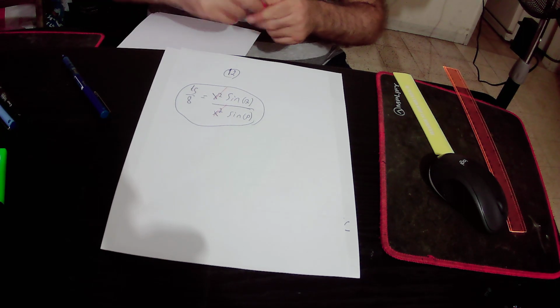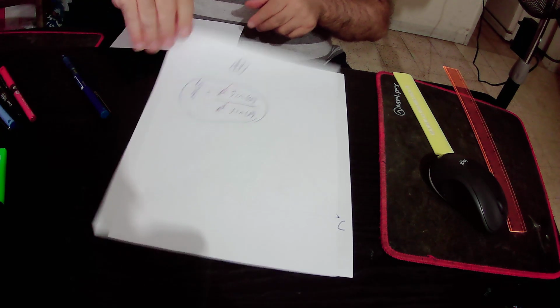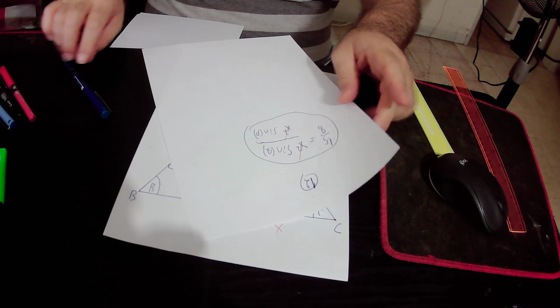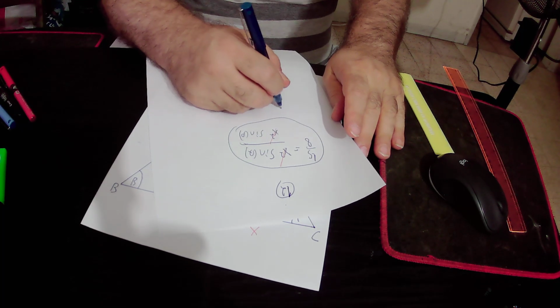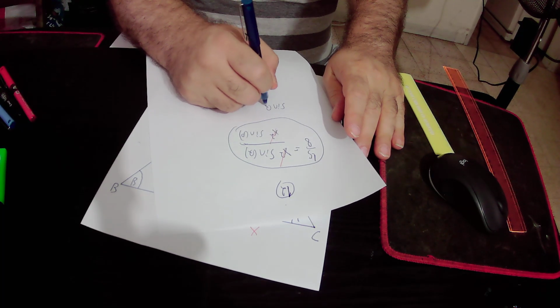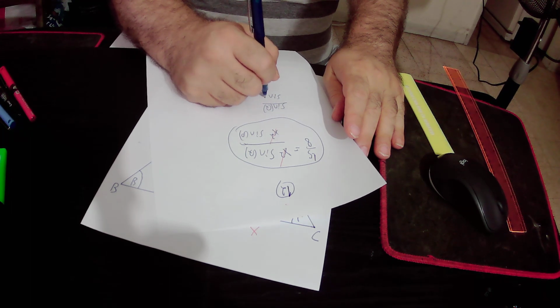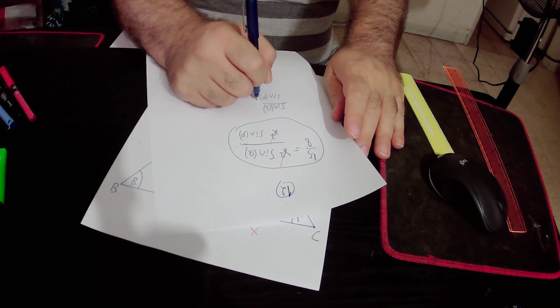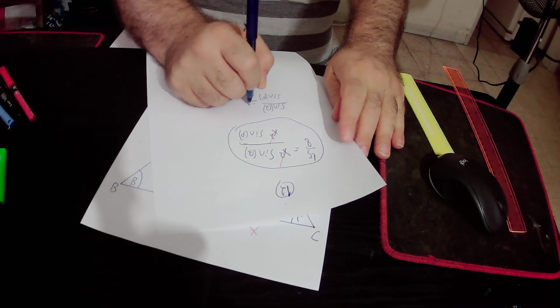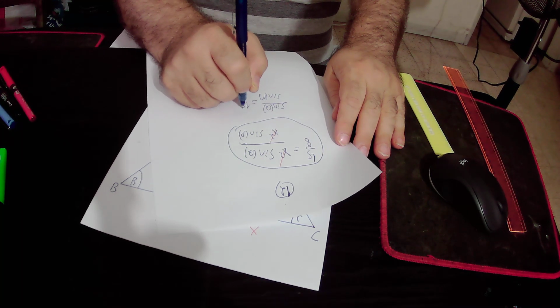So we got that sine Q over sine P equals 15 over 8.